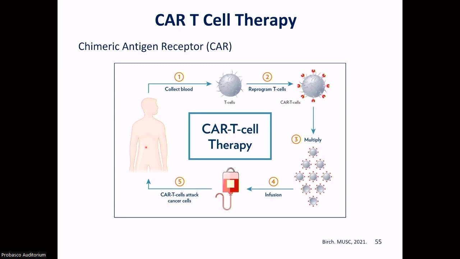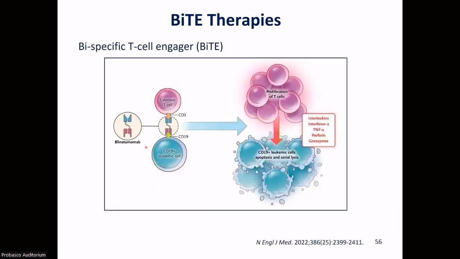And as you can imagine, this causes an overdrive of your T cells. Similarly, with BiTE therapy or bispecific T cell engager therapy, very similar to CAR T, but without all of the external manipulation of your T cells. The example here is blinatumomab.